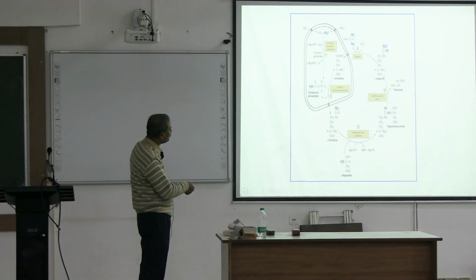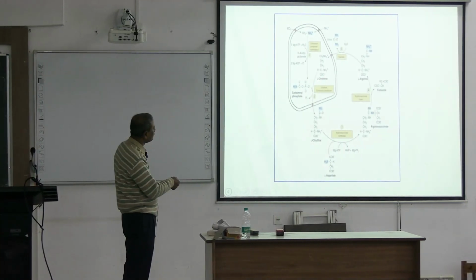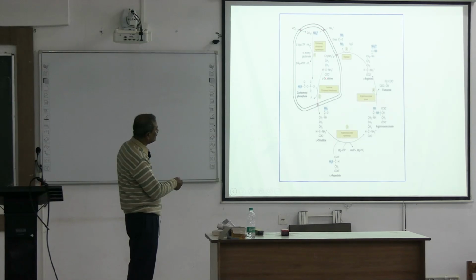But citrulline is shown here and ornithine is shown here, which is a substrate, not a product. So the first product is carbamoyl phosphate, shown in the first reaction. In the second reaction, carbamoyl phosphate reacts with ornithine to produce citrulline. But you look at this, this ornithine is here or not here.